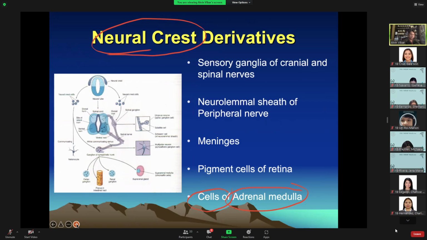Neural crest coming from ectoderm. So again, go back to your lecture. Adrenal cortex, mesoderm, but adrenal medulla, ectoderm in origin, specifically coming from the neural crest.